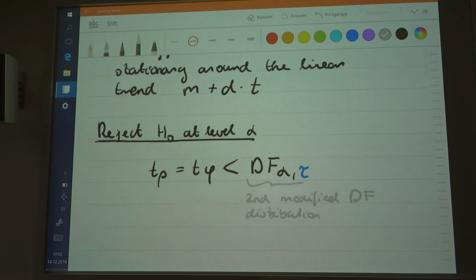You assume that the null hypothesis is true, so you simulate integrated processes, then you look at the empirical distribution of the corresponding test statistics that you get from the simulations, and based on that you establish the critical values of the Dickey-Fuller distribution. That's going to be it. So that's basically your third and final assignment.